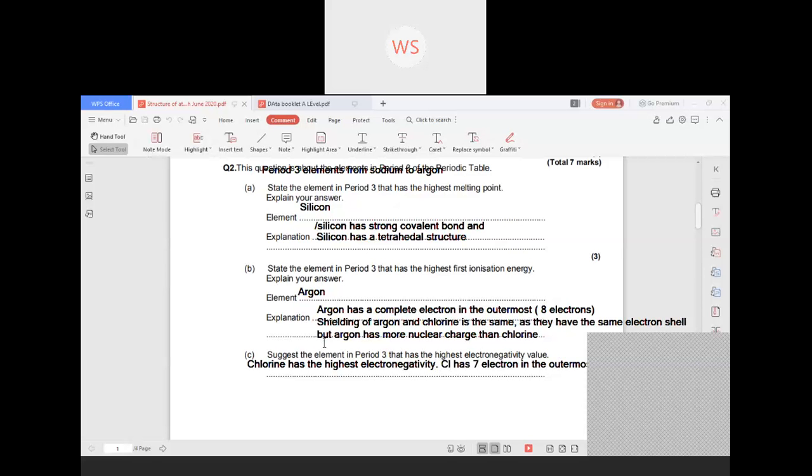It has the strongest nuclear charge, higher nuclear charge than other elements in period 3 except argon.